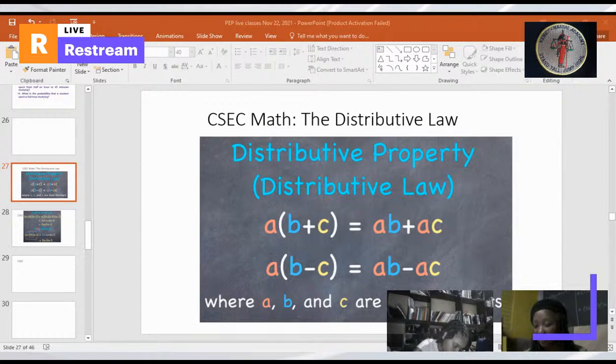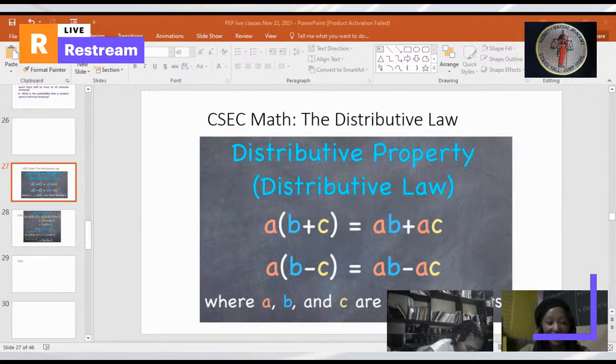So that's how we get from A(B + C): we multiply the A times the B, and we get AB. We multiply the A by the C, and we get AC. Likewise, for the subtraction part, A(B - C): it's A times B, which gives AB, and A times negative C, which gives negative AC.